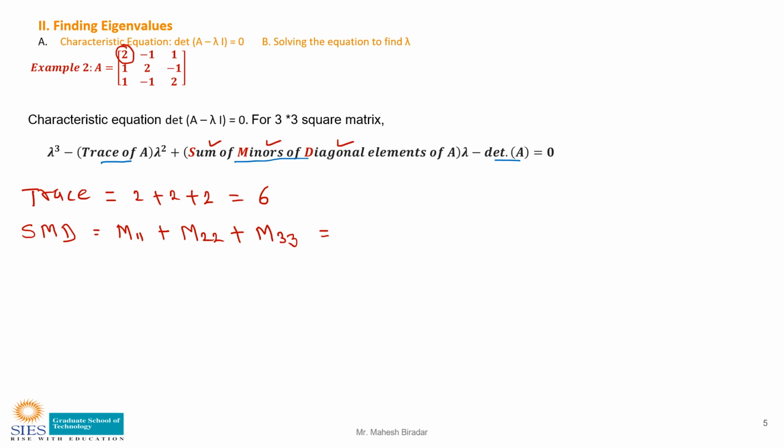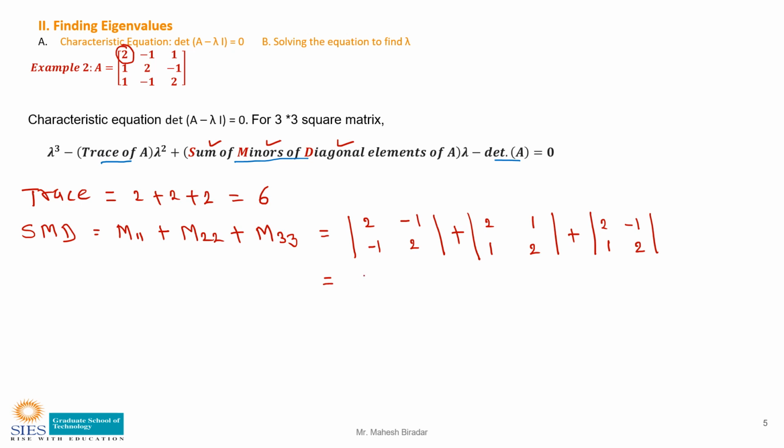We know the procedure of finding minors. Minor of 2, which is in the first row and first column, is the determinant 2, minus 1, 1 and 2. M22 is 2, 1, 1 and 2, and M33 is 2, minus 1, 1 and 2.